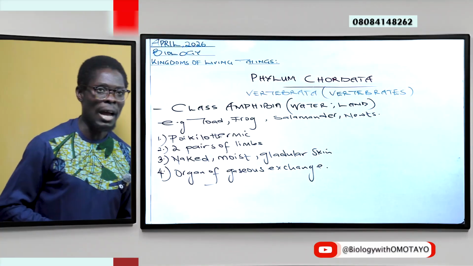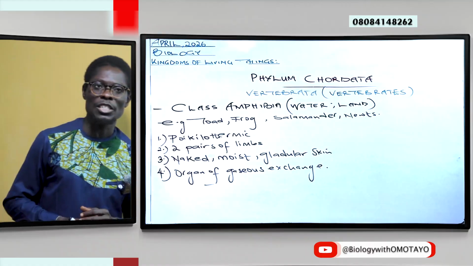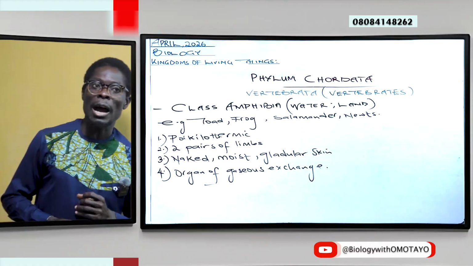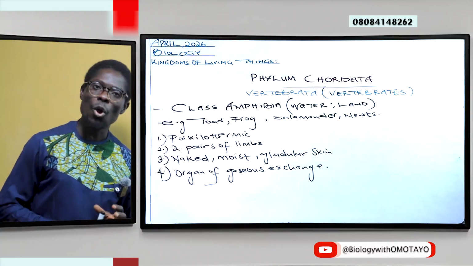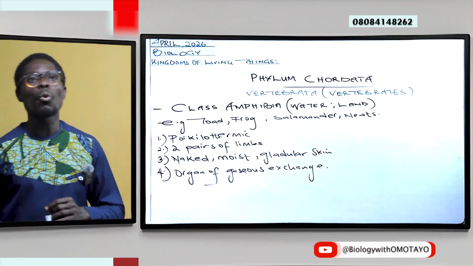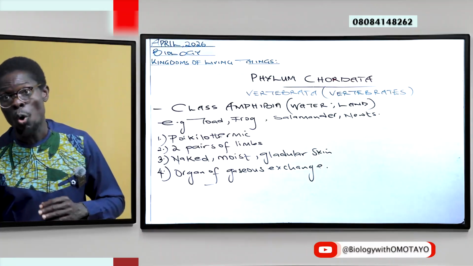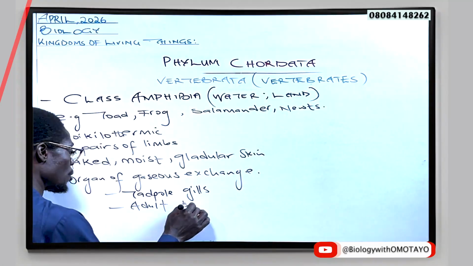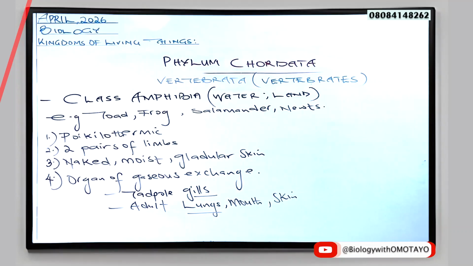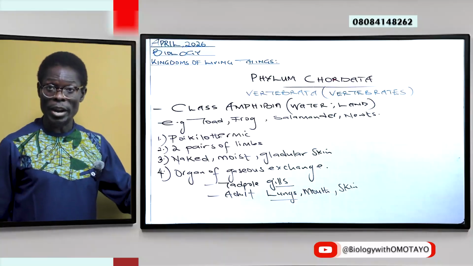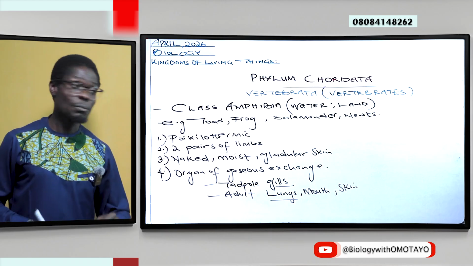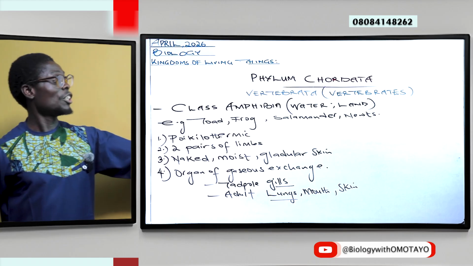However, in particular, at the tadpole stage, like for example in our frogs, what is being used is referred to as gills, while at adult stage, what is being used is the lungs. The differentiated organ for respiration at tadpole stage is the gill. However, the differentiated organ for respiration at adult stage is the lungs.